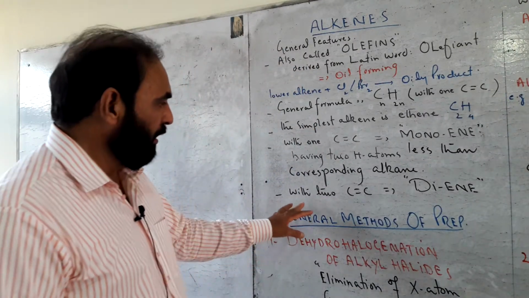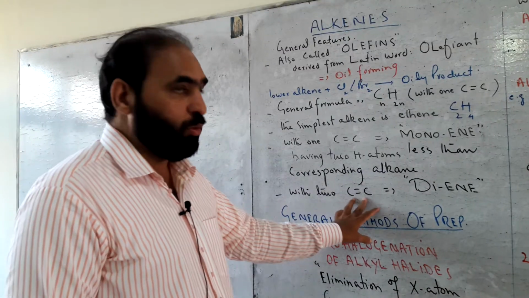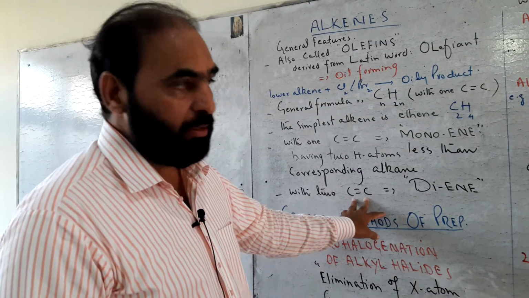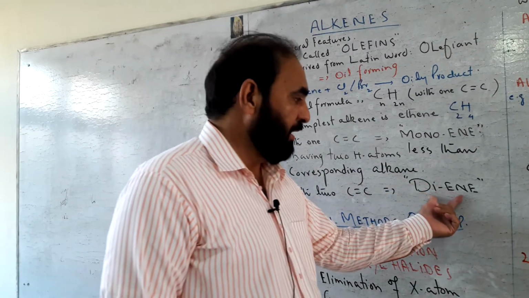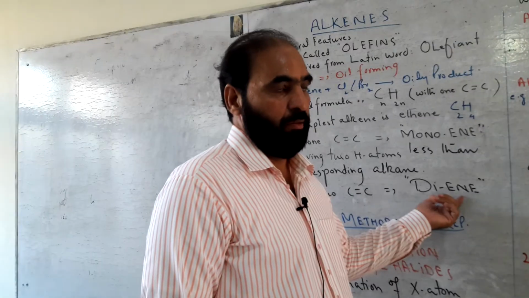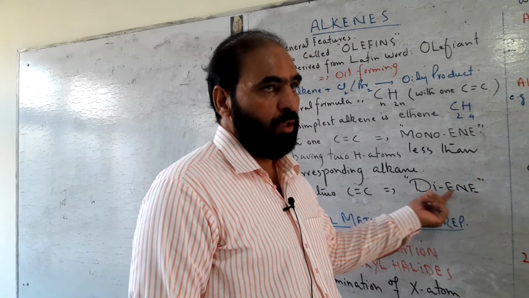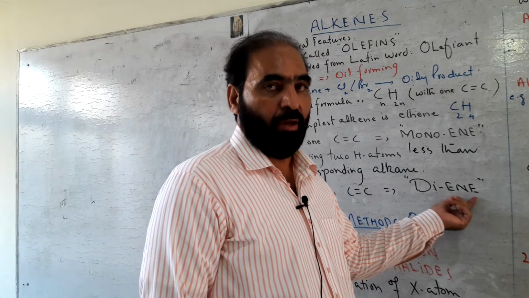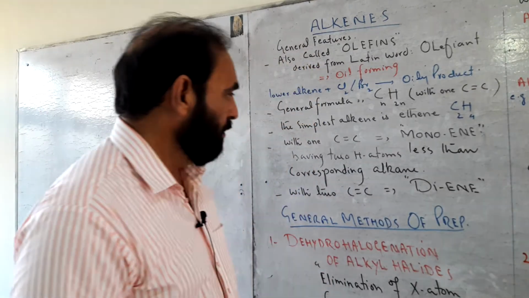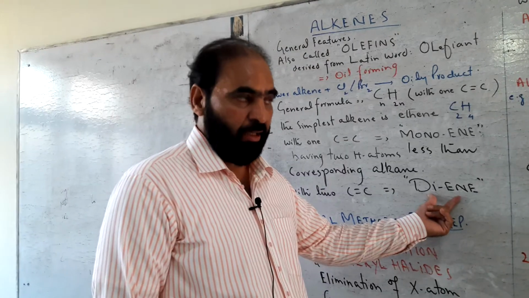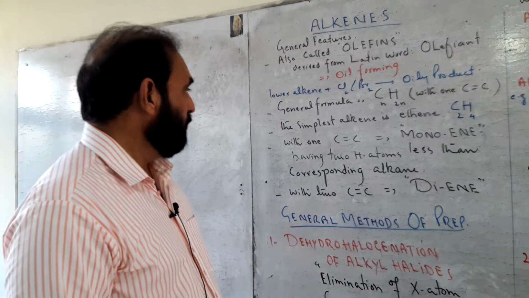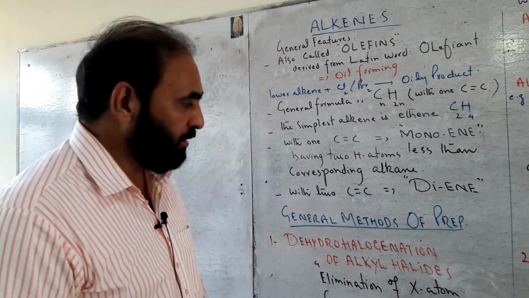If we have an alkene with 2 C=C double bonds, then it is called a diene. Di for 2 and ene stands for the presence of a double bond. A diene is an alkene with 2 double bonds. So these are the general features of alkenes.